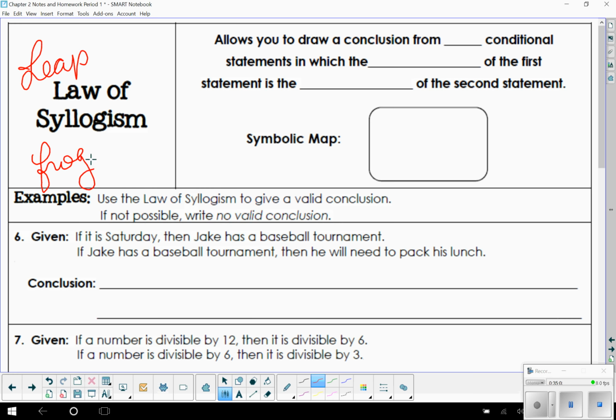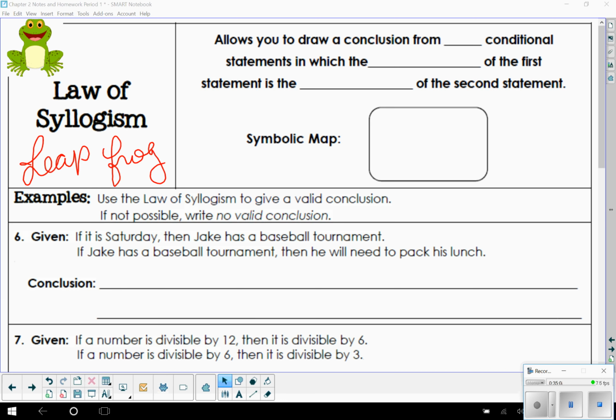Okay, so the law of syllogism allows you to draw a conclusion from two conditional statements in which the conclusion of the first statement is the hypothesis of the second.